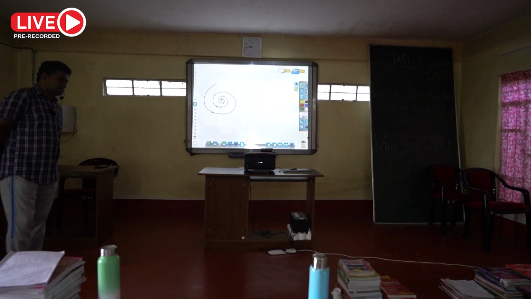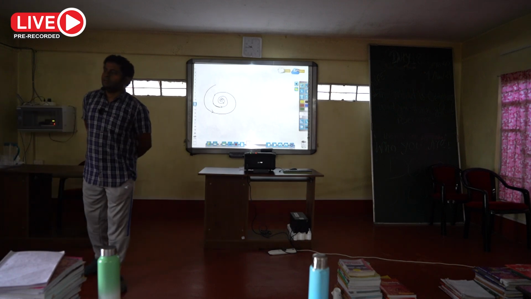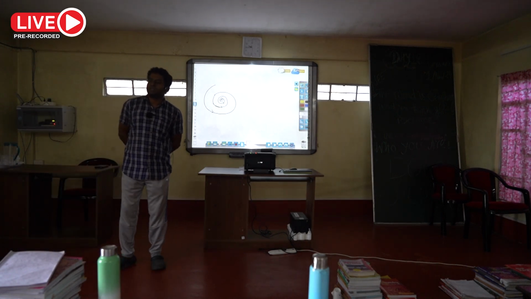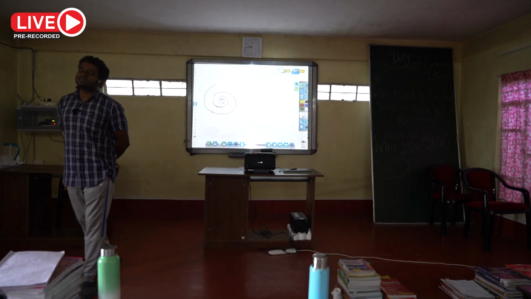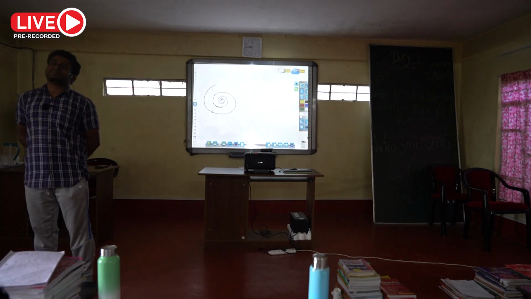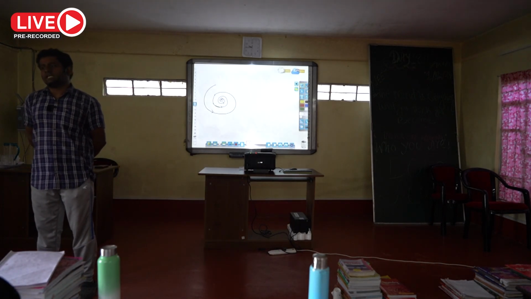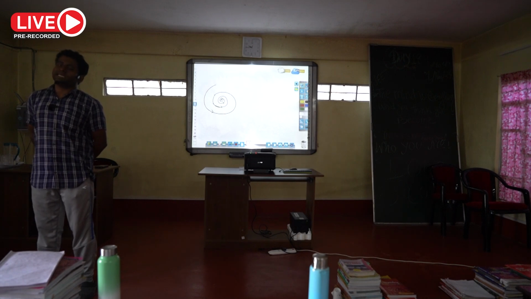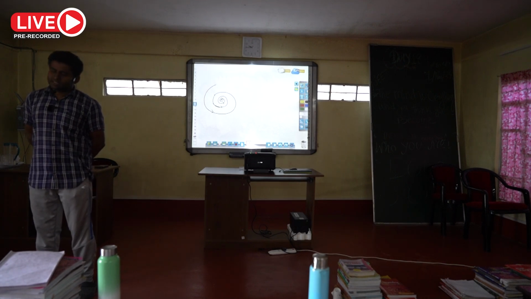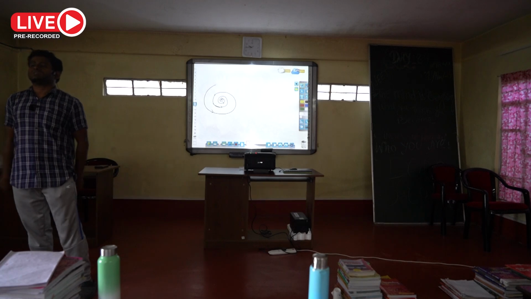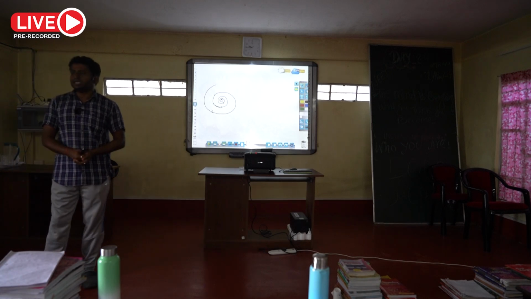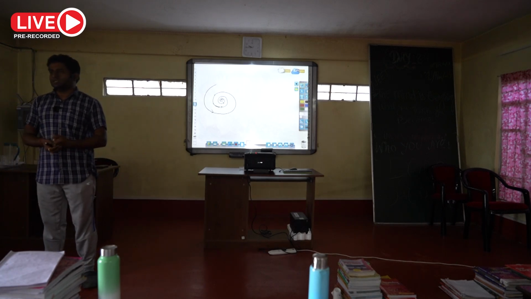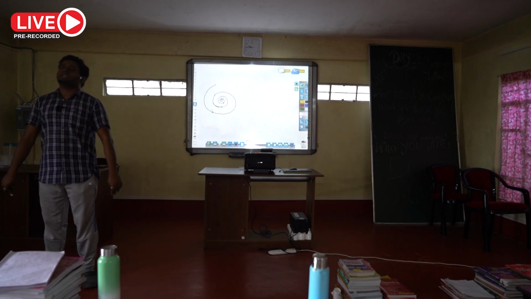Now, many of us will ask the question that an electron in revolving is moving with centripetal acceleration, but the Bohr model is saying that in these orbits, even if electrons are still moving with centripetal acceleration, they will not radiate electromagnetic radiation. How can it be possible?